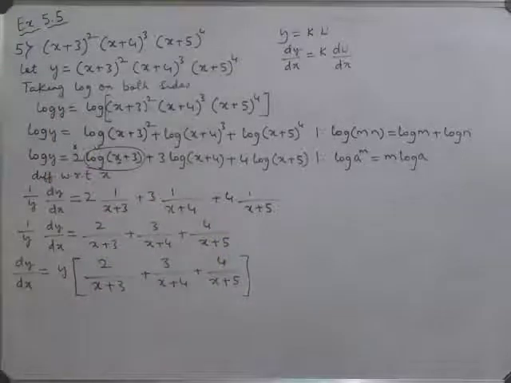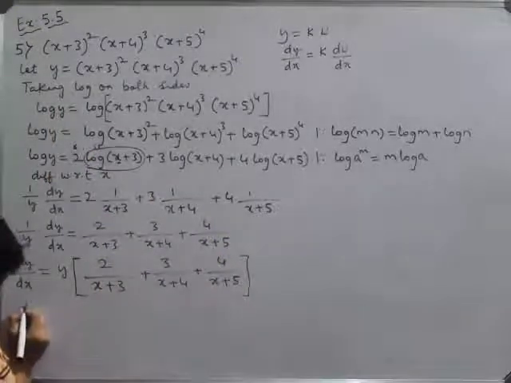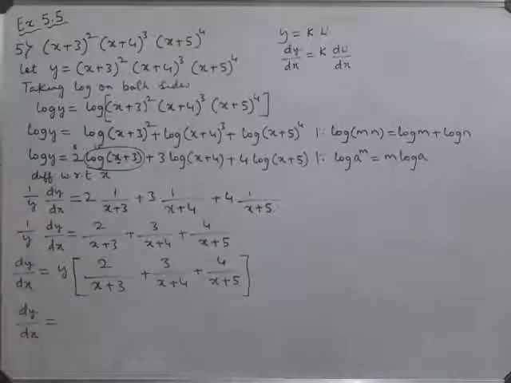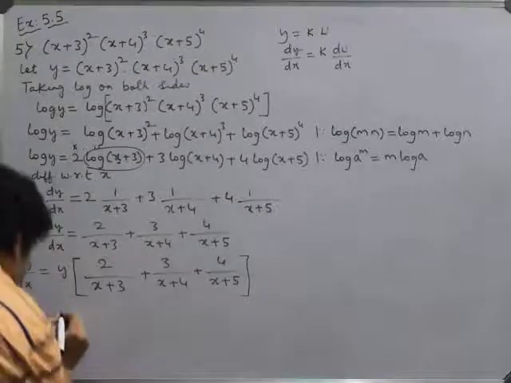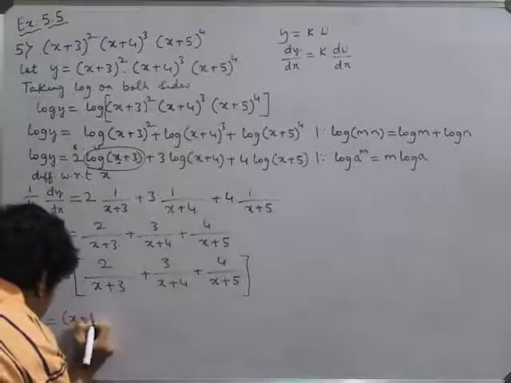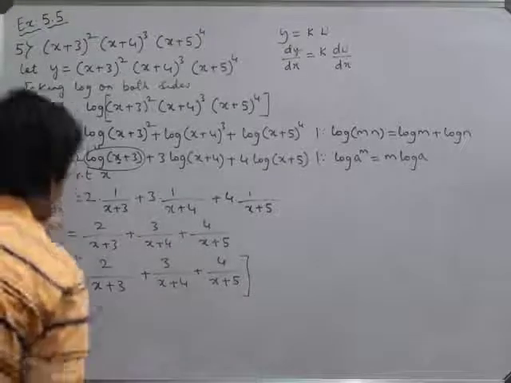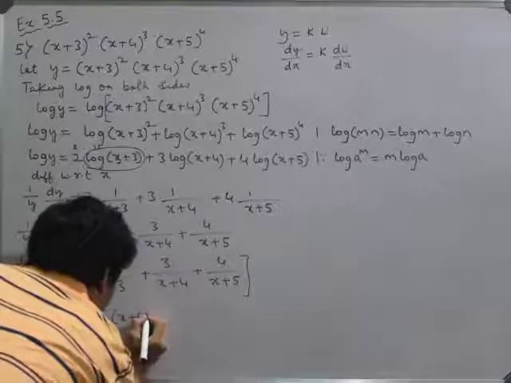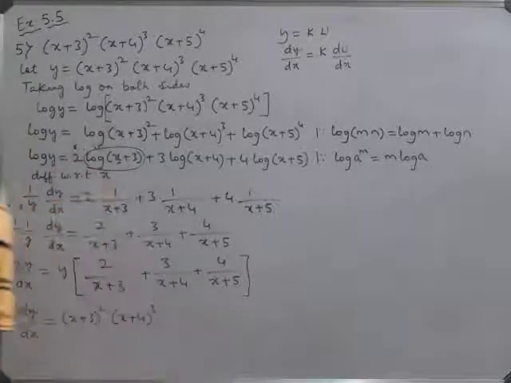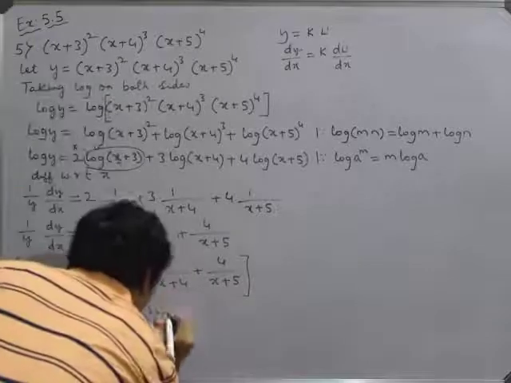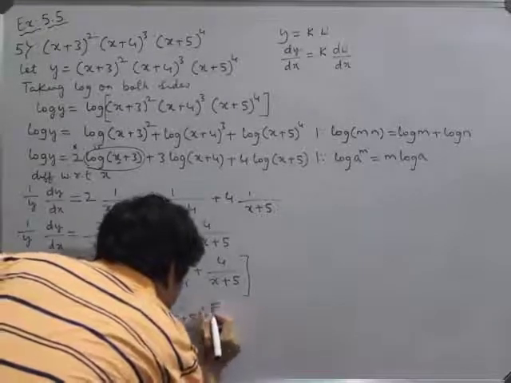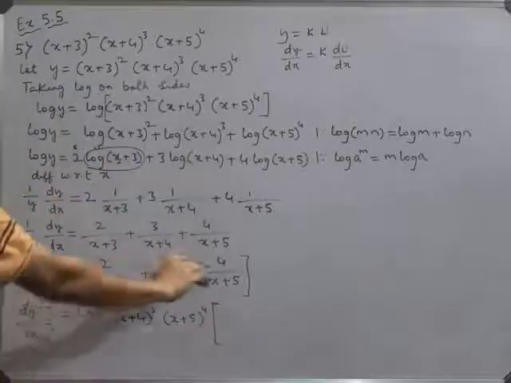Now put the value of y. dy by dx is equal to, what is the value of y? x plus 3 whole square into x plus 4 whole cube into x plus 5 to the power of 4, into these terms.